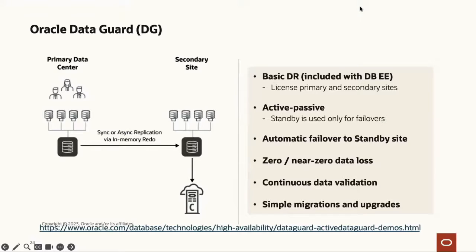If you would like to go back to the primary database, then what you can do is set up another DataGuard connection and go from the new secondary site, which after a failover has become the primary. You can initiate another failover and you can go back to your initial data site.